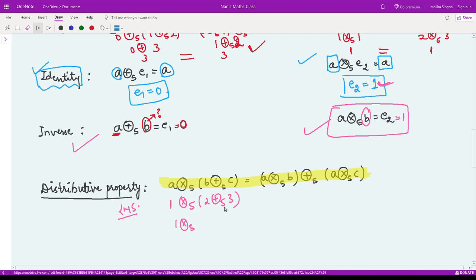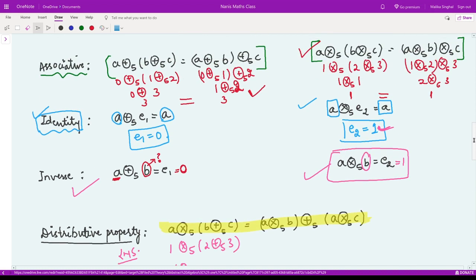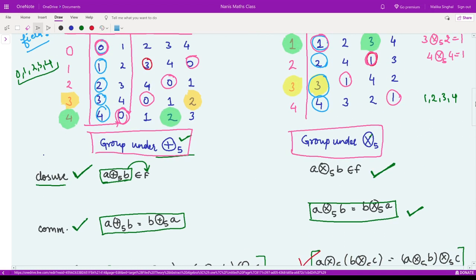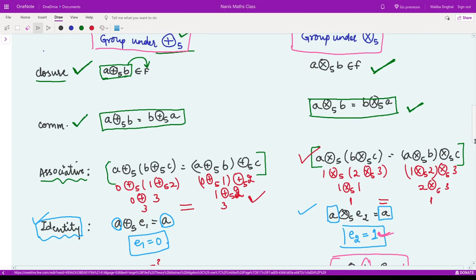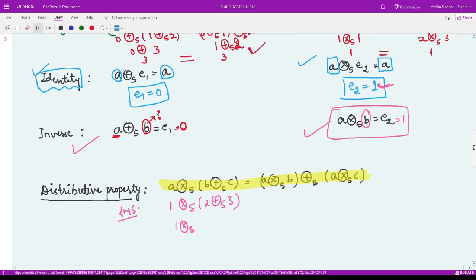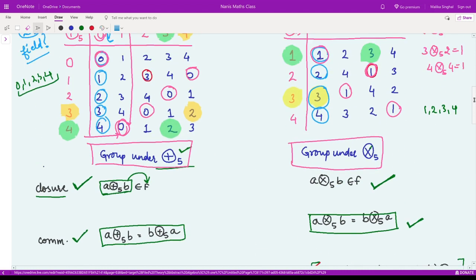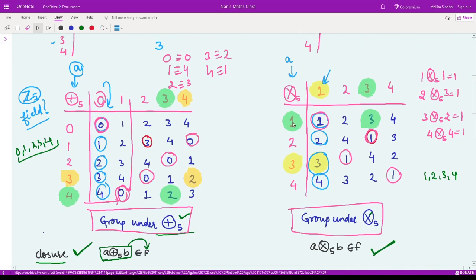So 2 addition mod 5 3. We'll look this up in this table. So 2 mod 3, what would be that? It is equal to 0. So here we'll write 0, and then we'll check in the multiplication table 1 mod 0. What would be that? There is no 0 here.